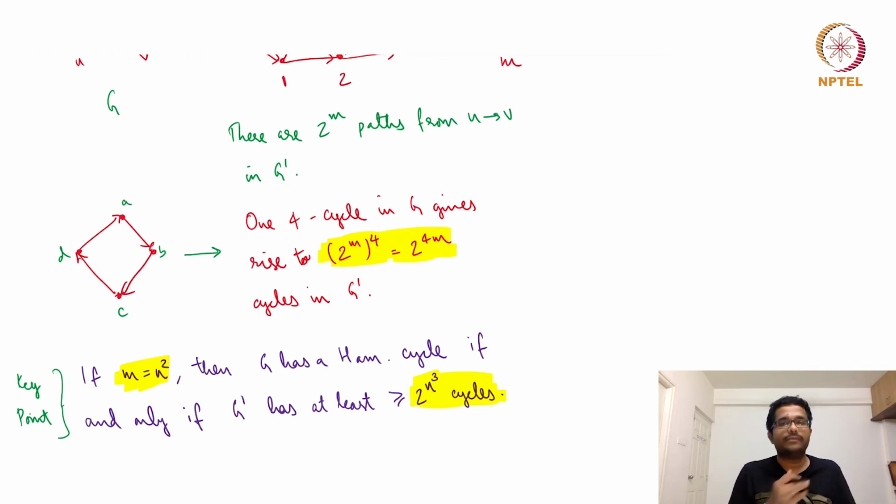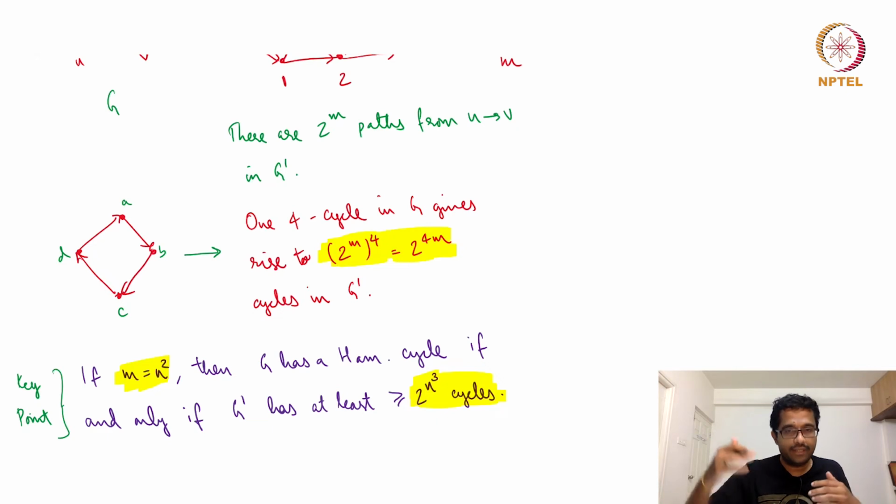Whereas if G does not have a Hamiltonian cycle, then the number of cycles that it gives rise to, even from the biggest cycles, the n-1 length cycles, even that will not reach 2 power n cubed, because there is this exponentiation that is happening.